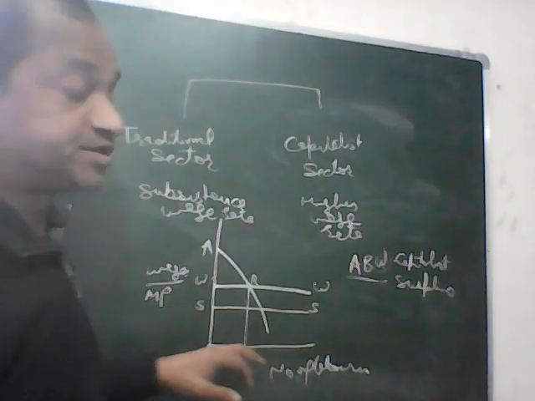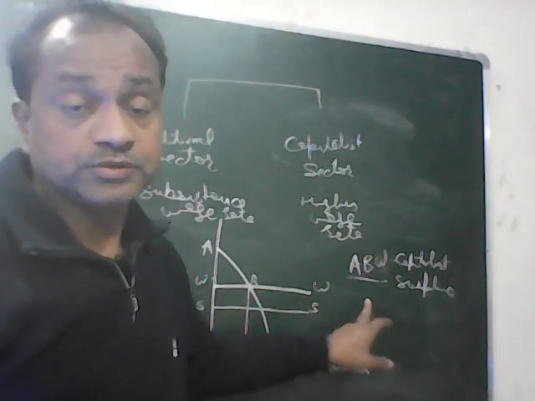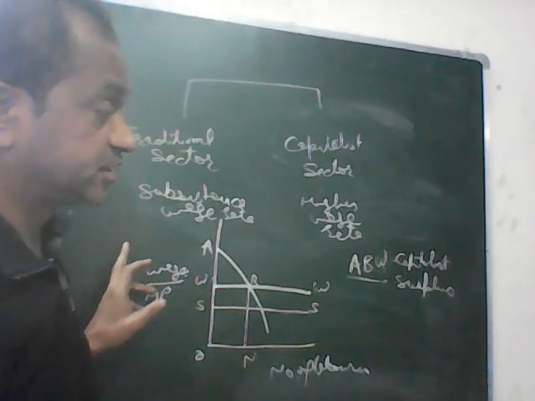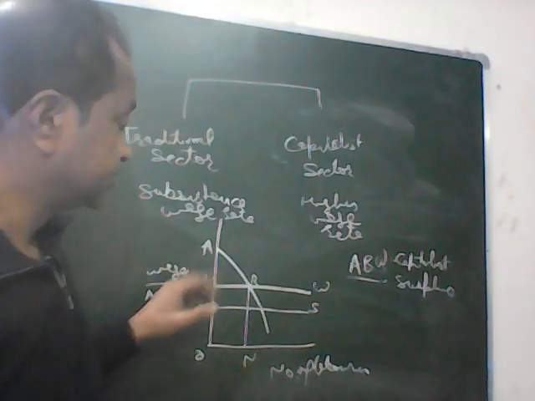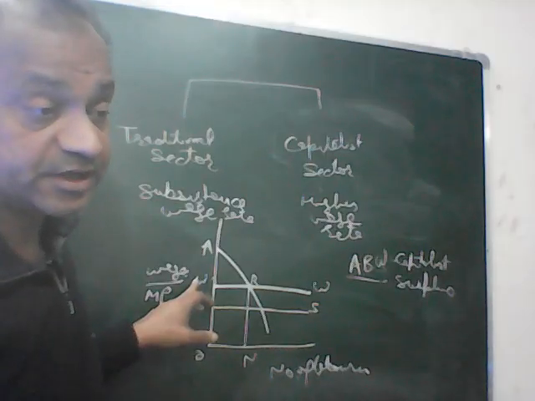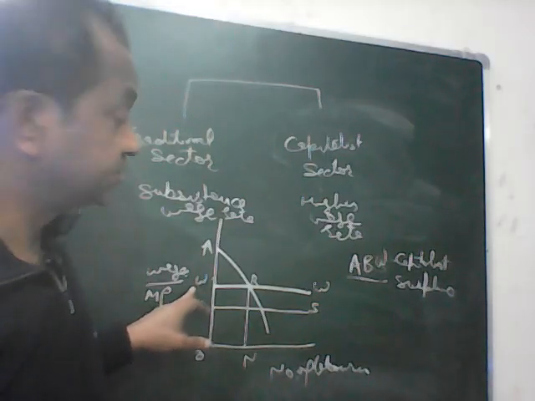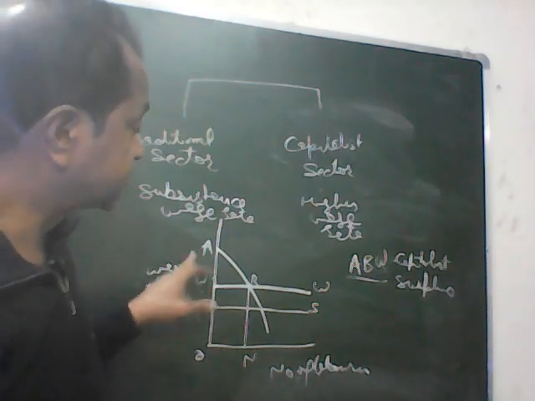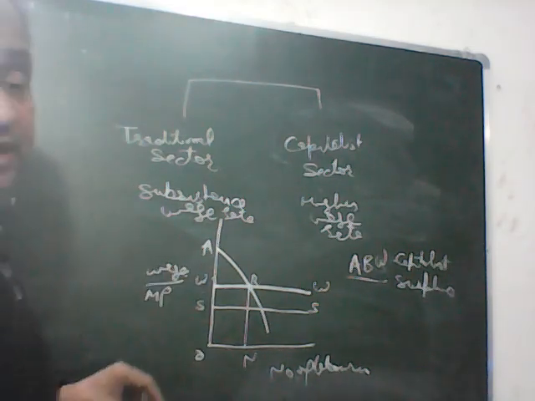is reinvested again in the economic process of capitalist development. Sorry, it is reinvested into the capitalist sector again, as the capitalists are having the capitalist surplus which they are reinvesting.